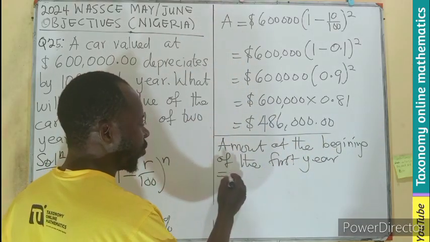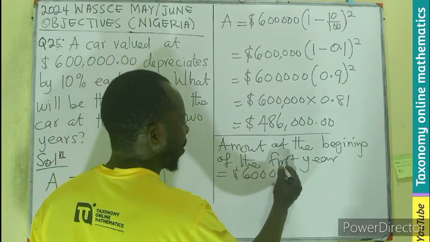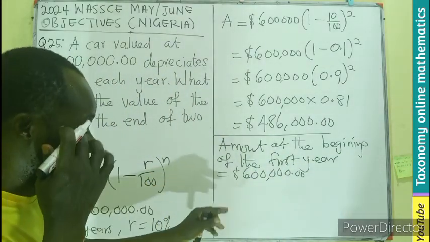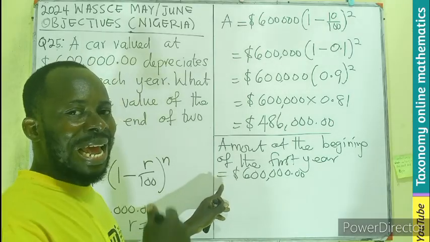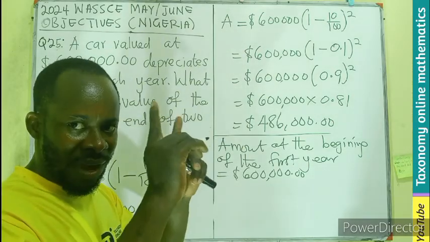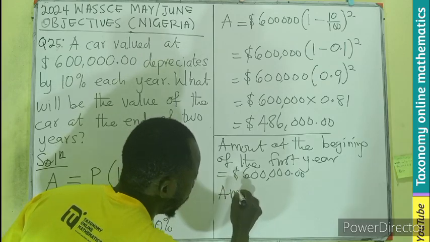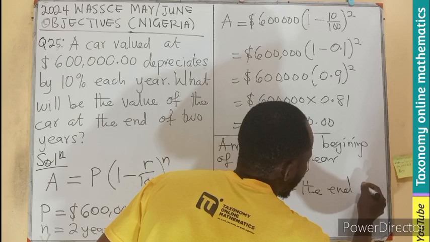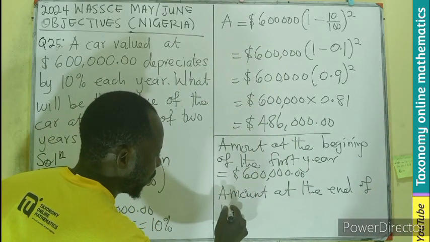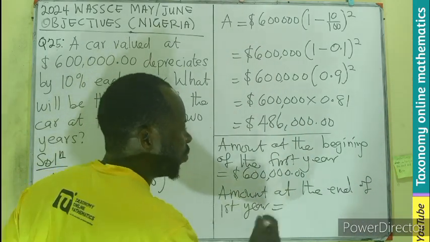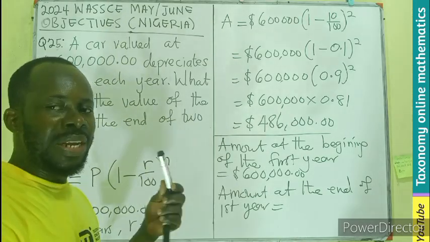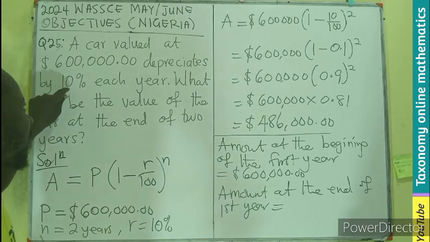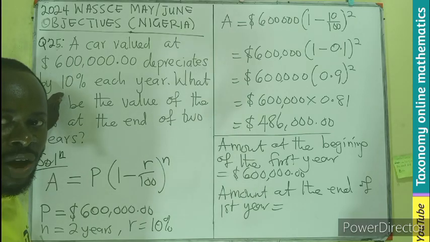Now, we can also say that the amount at the start of the first year is still our $600,000. So let's see what will be the amount at the end of the first year. We are looking for the reduction in price, which means there is going to be a 10% reduction in the original price.